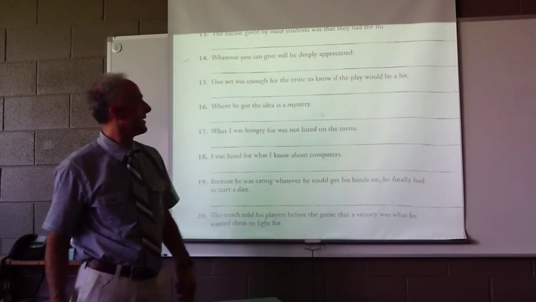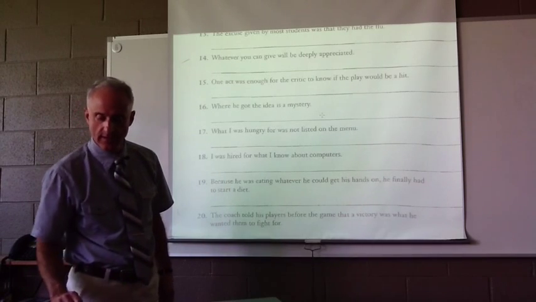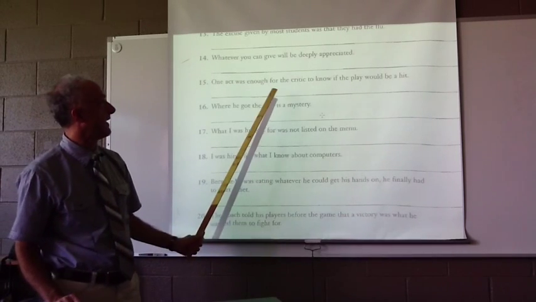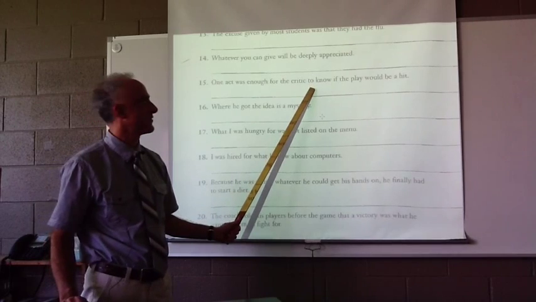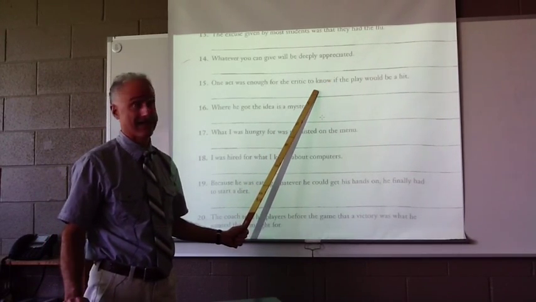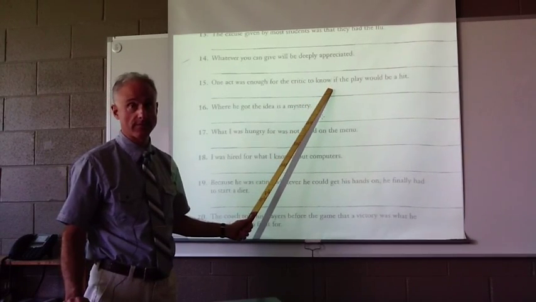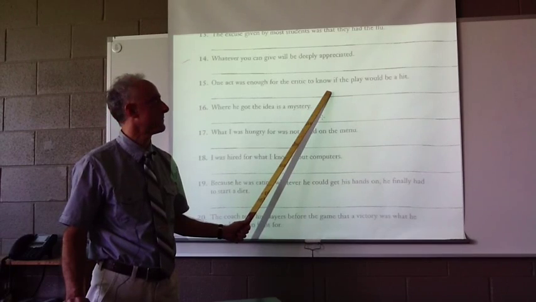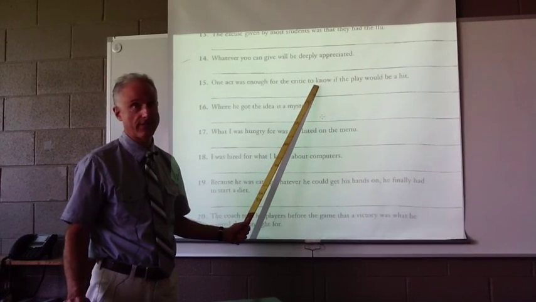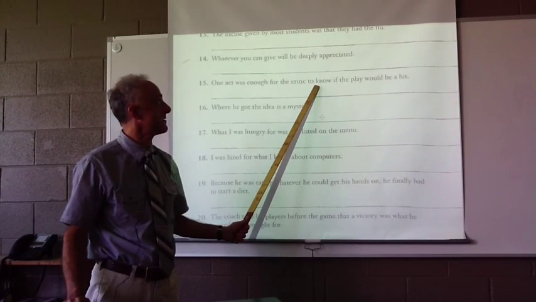All right, so this one is a little bit difficult, number 15. And that's why I knew this one would give you a little trouble. So this is what we call an infinitive. We have not studied that yet, right? And so to plus a verb, I explained that on another video. To plus a verb is an infinitive. And that's one of the verbals, like a participle or a gerund.